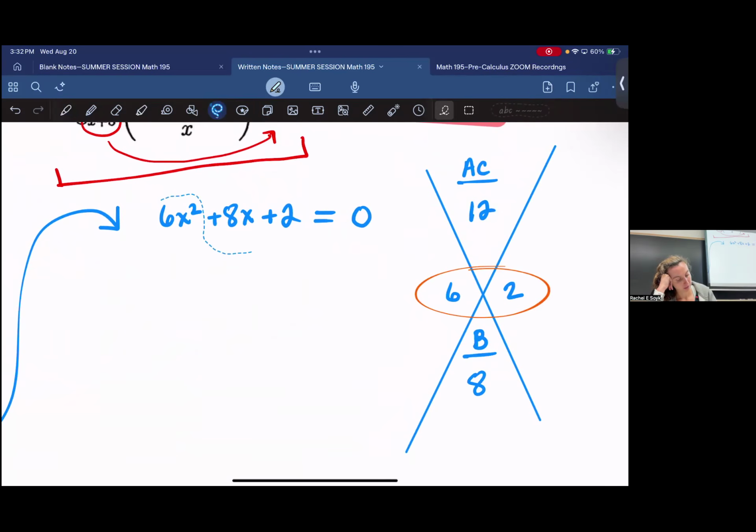We're going to keep that first and that last term the same. And then we are going to manipulate that 8x into a plus 6x and a plus 2x.